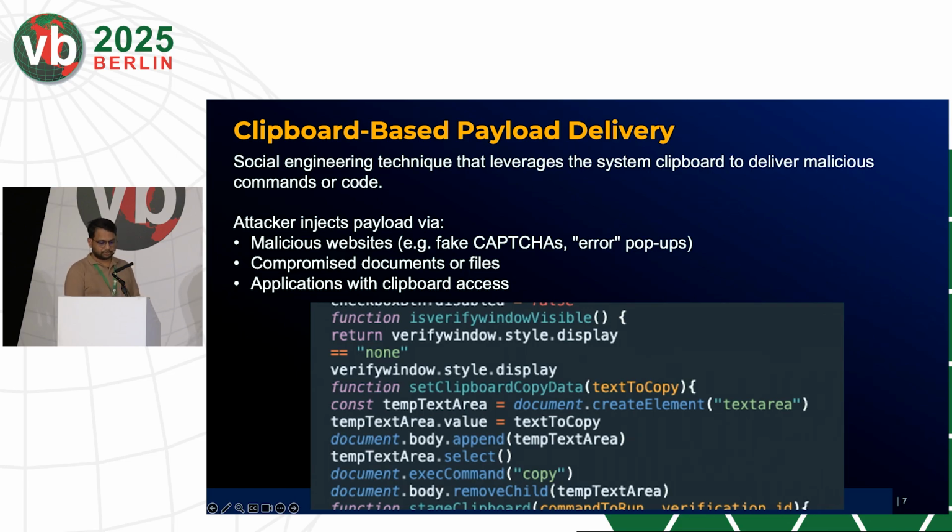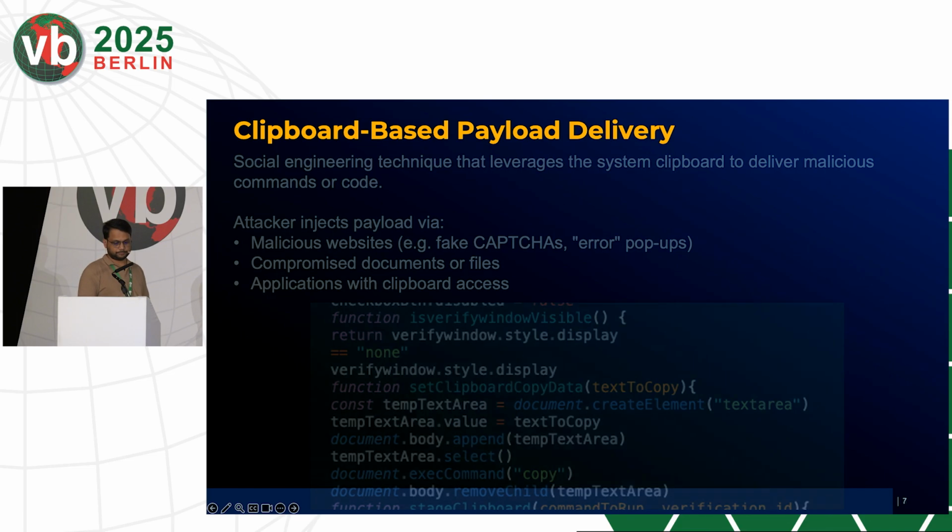It can be injected through three routes: malicious websites with fake captcha error pages, pop-ups or other familiar web elements; compromised documents or files with legitimate logos and signs of unknown companies; and applications with clipboard access, which can programmatically set a clipboard's contents without user acknowledgement.